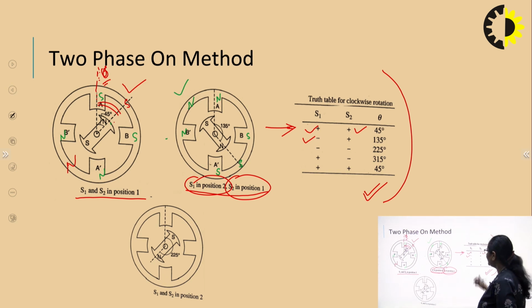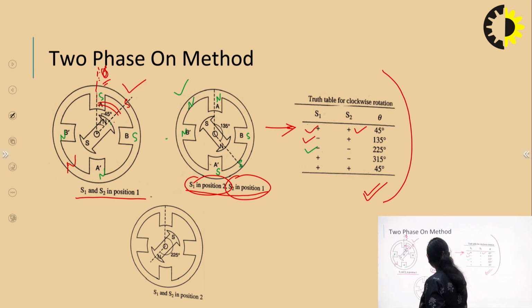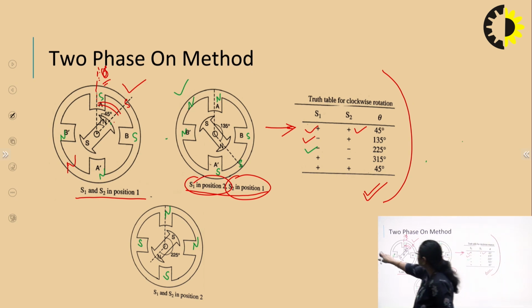Likewise, let us consider the third case. In the third case, S1, S2 negative means current in both phase A and phase B would be negative, okay? Current is negative means S pole formation would be here, S pole formation would be here, and the respective N pole formation would be here, right? Now, for your convenience, let me just mark this.